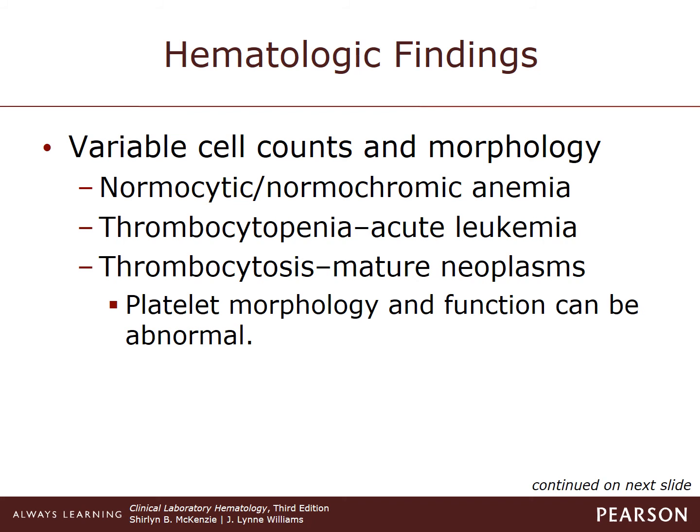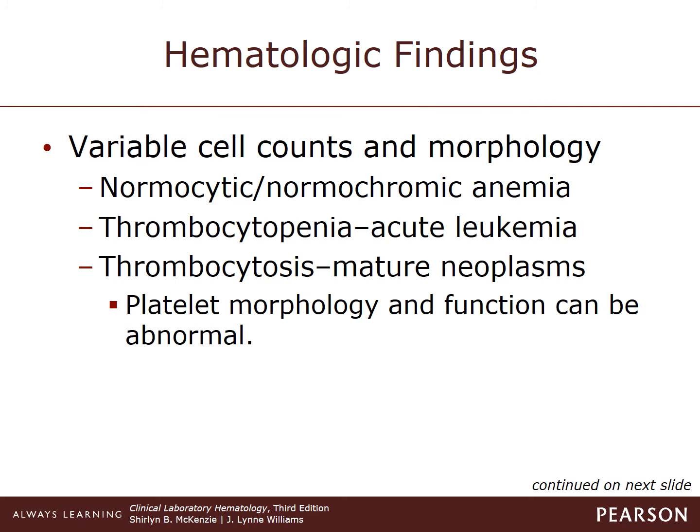When we talk about hematological findings, we will most likely see at first a normocytic, normochromic type of anemia. If not, the anemia invariably develops during the progression of the disease. The platelet counts also vary here, where thrombocytopenia is usually present when you have more acute types of cancers.